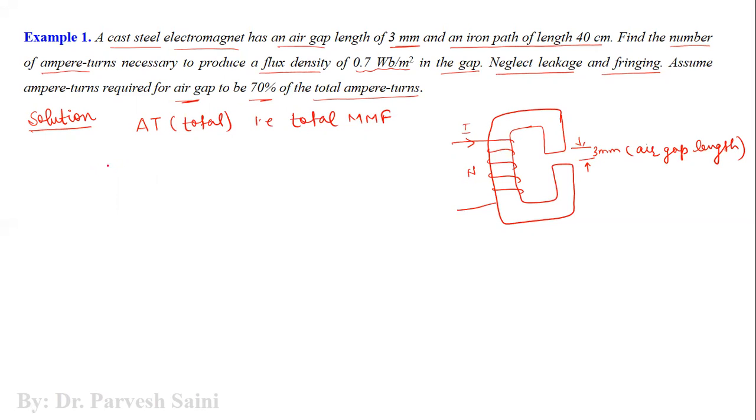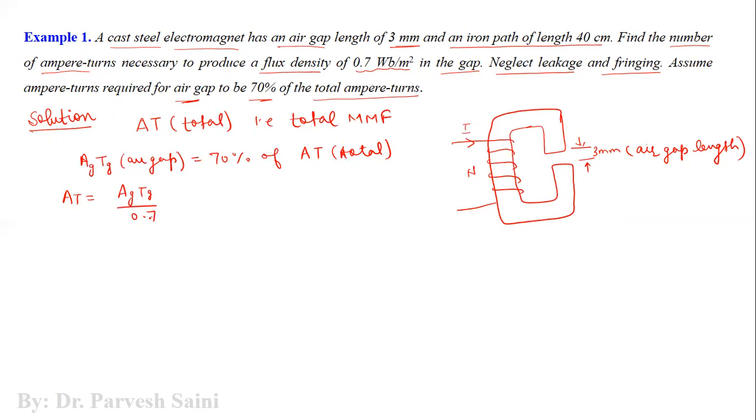It is given that the magnetomotive force, or the AT of the air gap, is equal to 70% of total AT. So from here we can get the total AT.